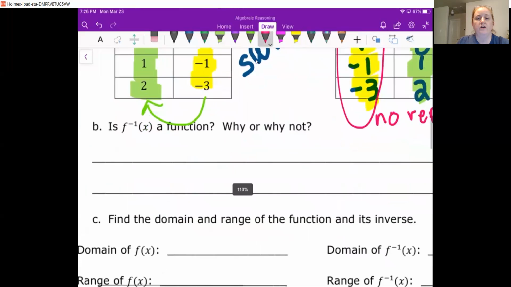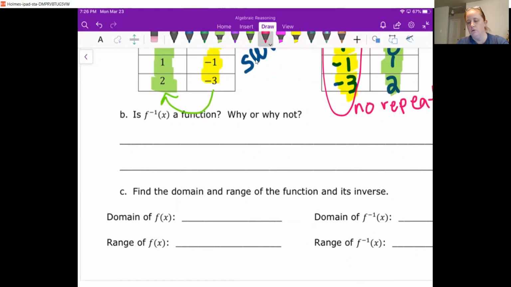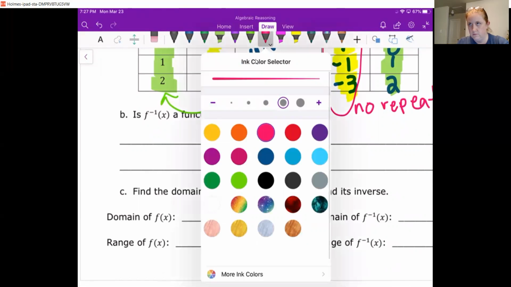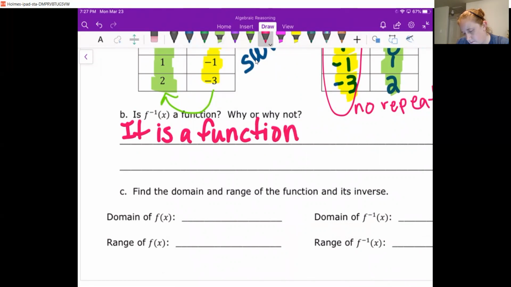So is f inverse a function? Why or why not? That is a big old yes. It is a function, because the x values don't repeat.